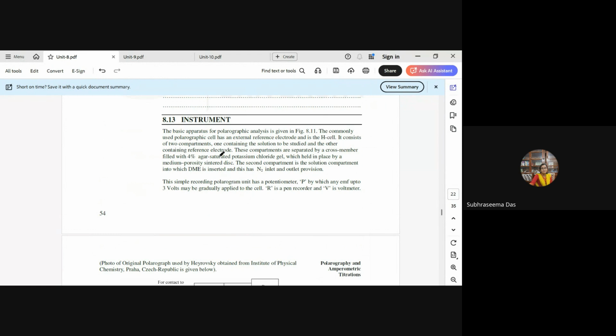It consists of two compartments, one containing the solution to be studied and the other containing the reference electrode. These compartments are separated by a cross member that is filled with 4% agar saturated KCl, which is held in place by a medium porosity sintered disc. The second compartment is the solution compartment into which the DME is inserted and has N2 outlet and inlet provision.